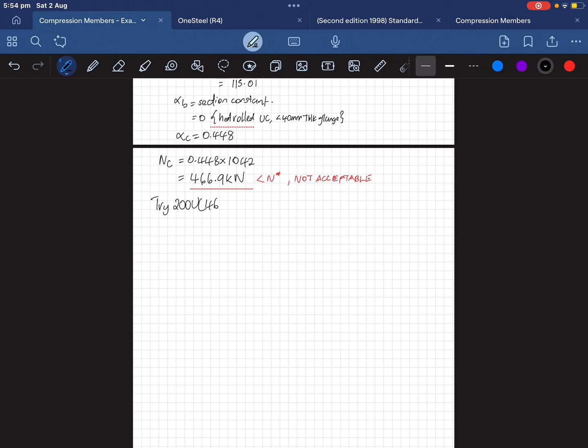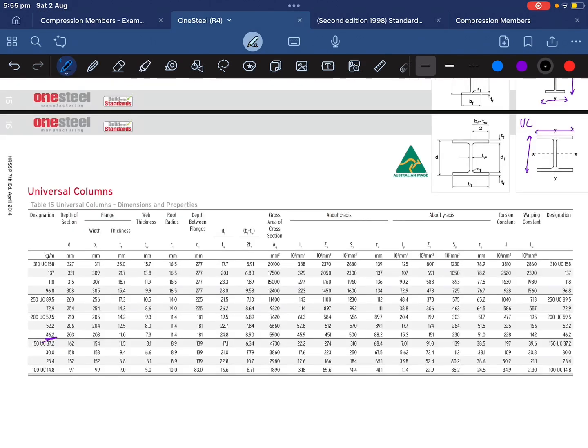200 UC 46.2. Now the phi NS for this is equal to phi kf An Fy, and we've said that's 0.9 times 1.0 because it's a UC, and then An, which is the net area, but because we don't have holes, we're just going to take the cross section area.